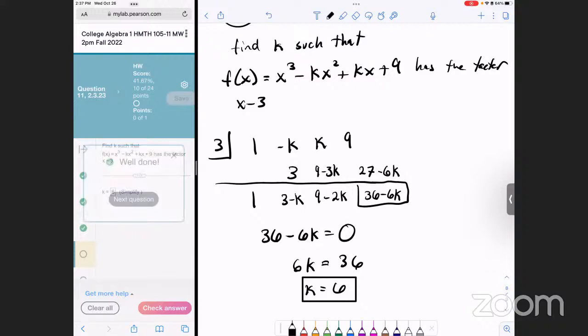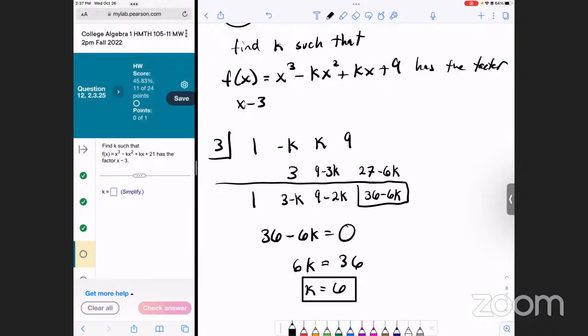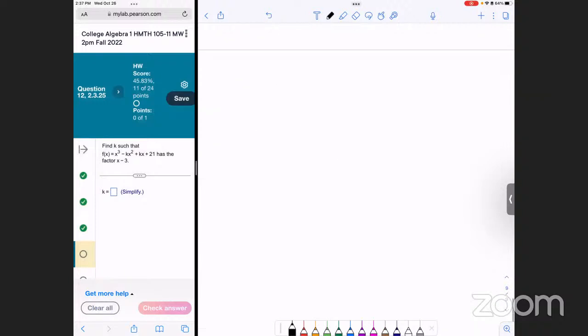Okay, I think the next one was similar. Okay, I'll do another one. So this is question 12. This comes from section 2.3, question 25. Okay. Same kind of deal.